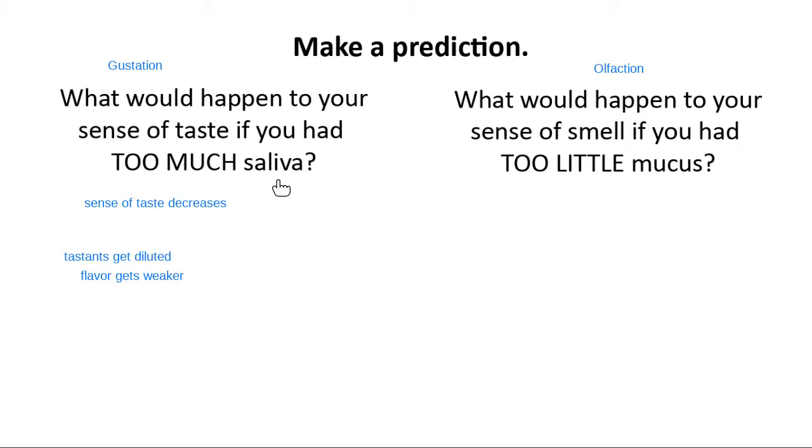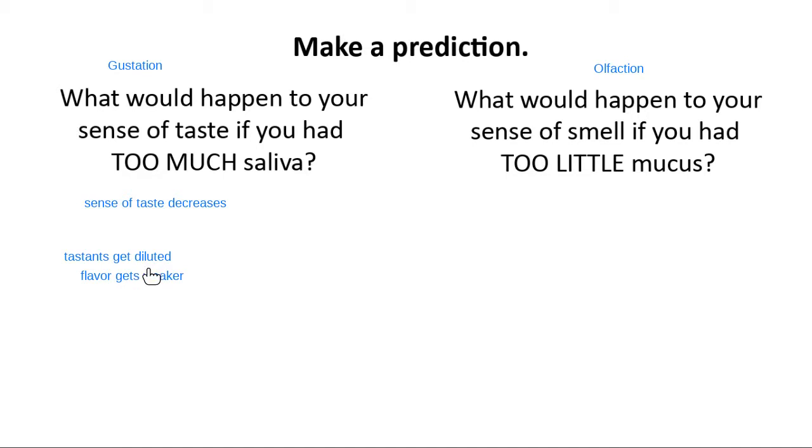Because like Nicole mentioned in the chat, when we're talking about the process of taste, those tastants have to get all the way down through our little holes on the tongue called taste pores, down to where my gustatory hair cells are found.